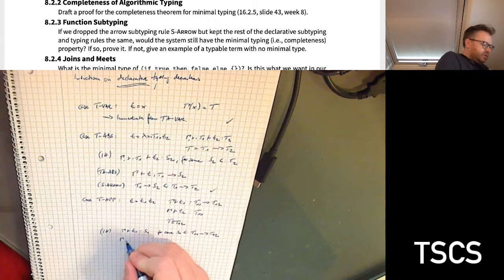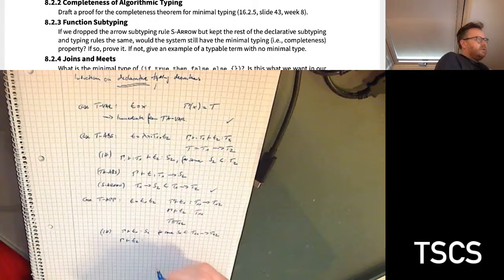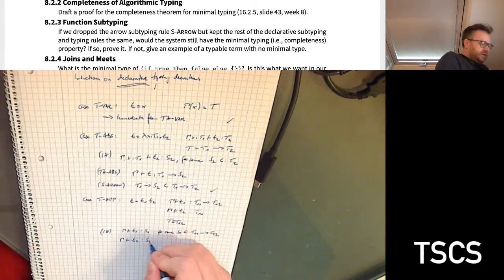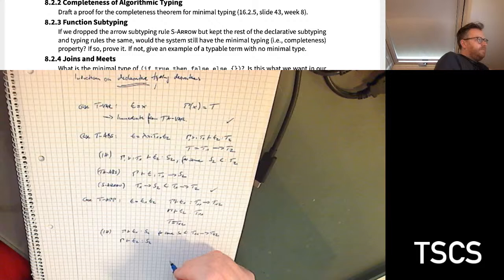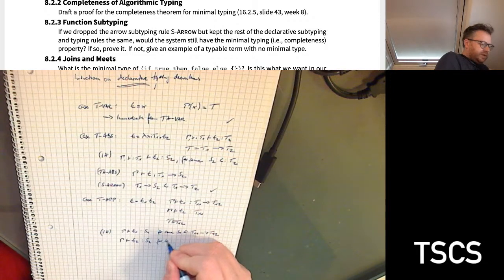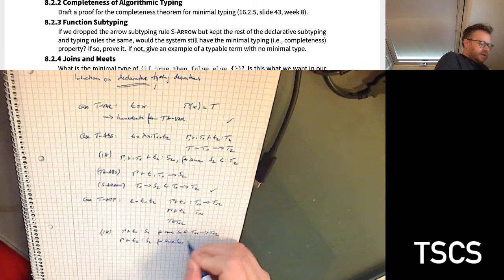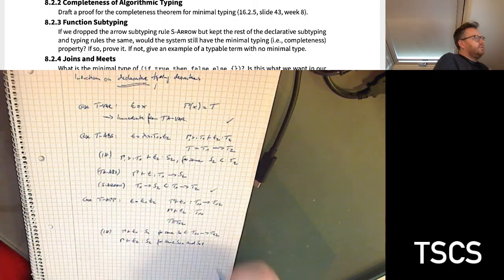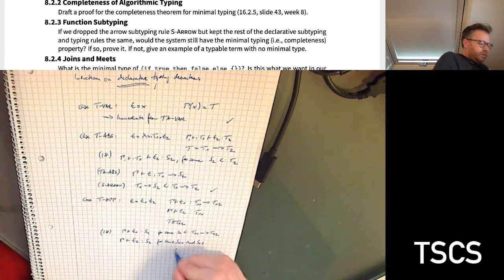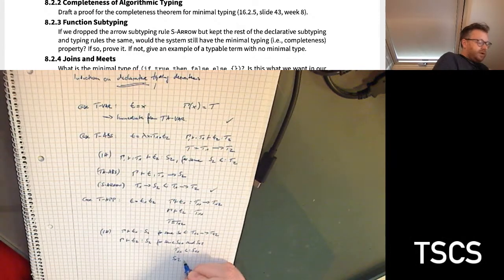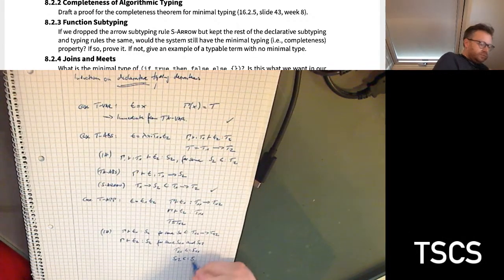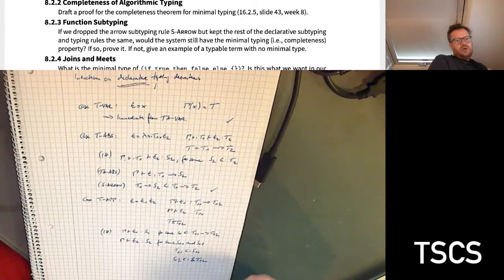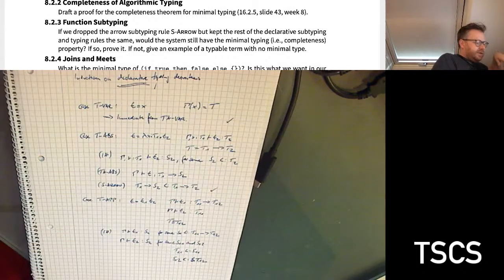And under the assumptions of gamma, t2 is typed as s2 for some s11 and s12, where t11 is a subtype of s11, and s12 is of course a subtype of t12. Covariance and contravariance in function application is happening here.